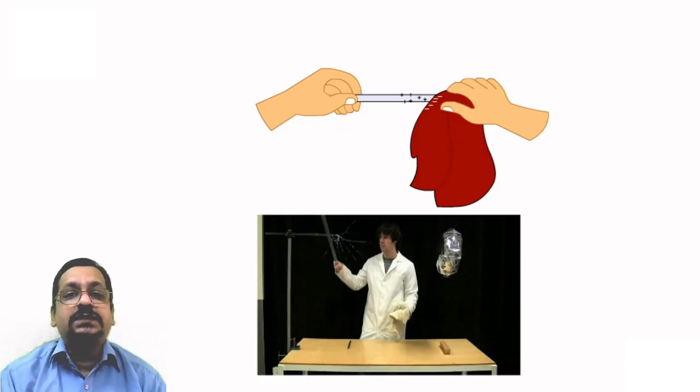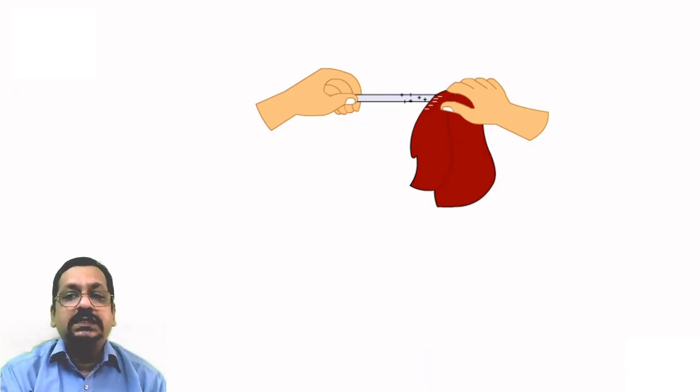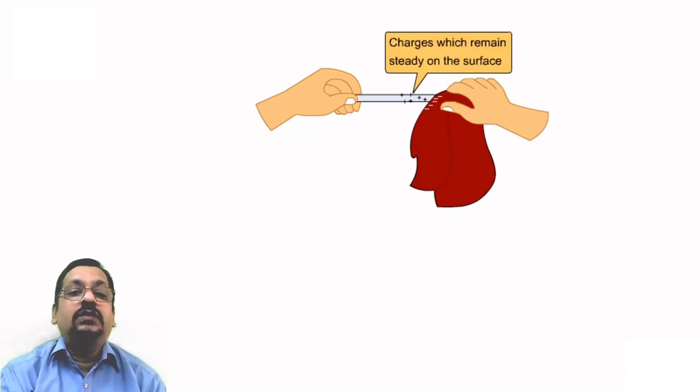Again, I am emphasizing the point that we are not producing any charges. But just by rubbing the objects against each other, we are making them charged. So that is how the charges are developed on the objects. Of course, the charges which are developed on the object remain on the surface of the object.